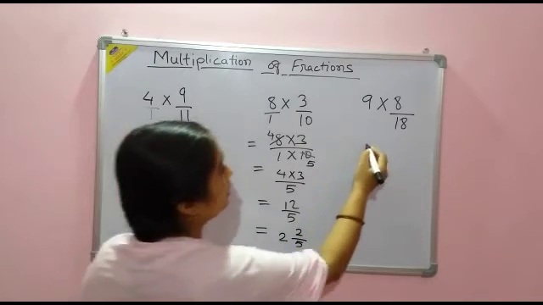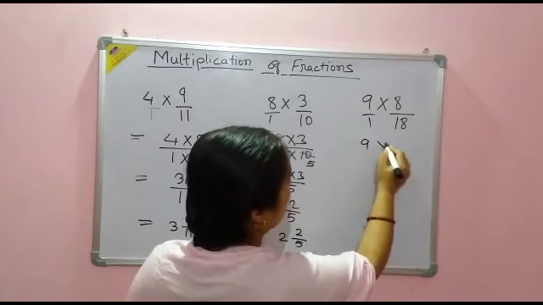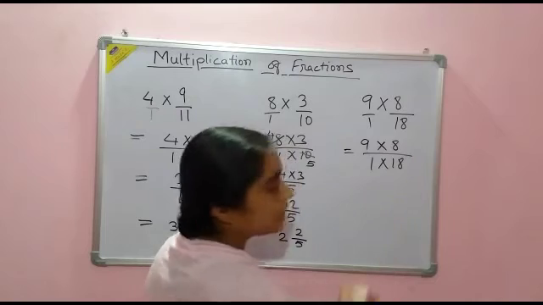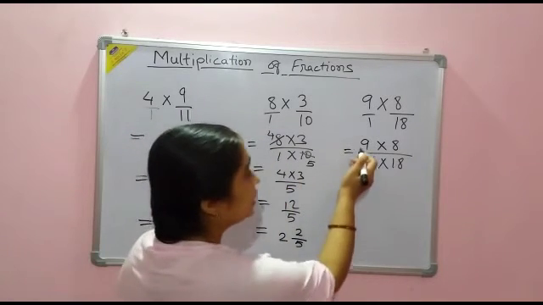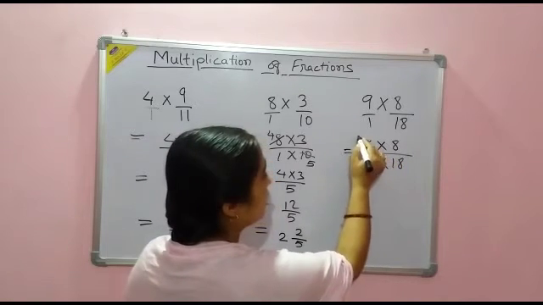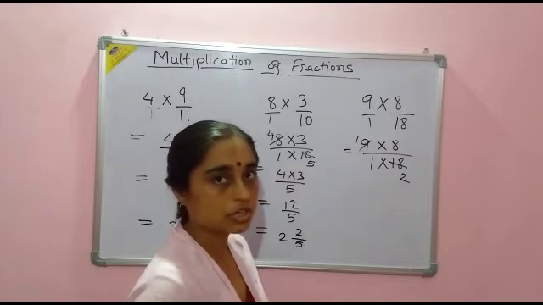Now see this question. Again 9 is 9 by 1. So how will we write? 9 into 8 as the numerator and 1 into 18 as the denominator. Now see if any cancellation is possible or not. Directly you can see that 9 1s are 9, 9 2s are 18, so cancel it by 9. Again see if any cancellation is possible.